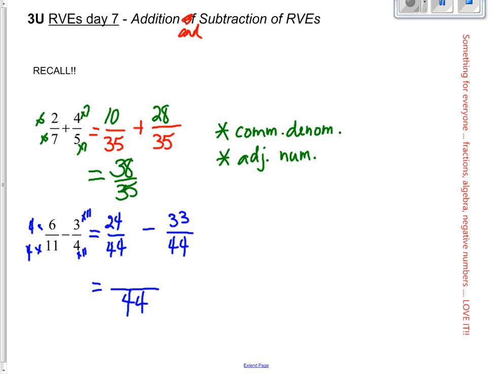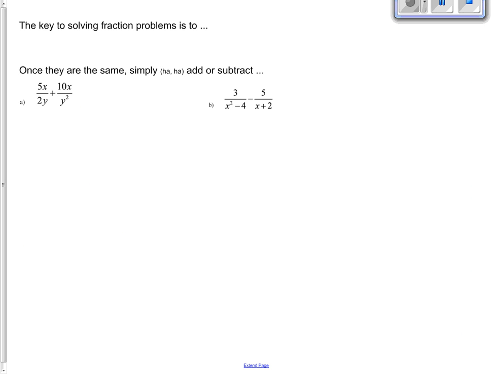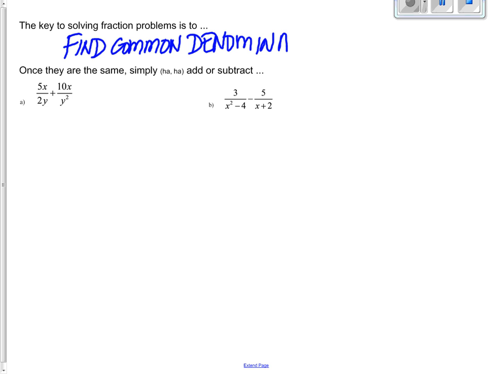I have negative 9/44ths. The key to solving fraction problems is to find a common denominator. And implied in that is that you're going to adjust the numerator to match.